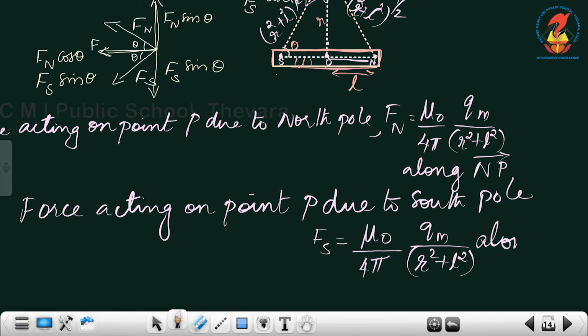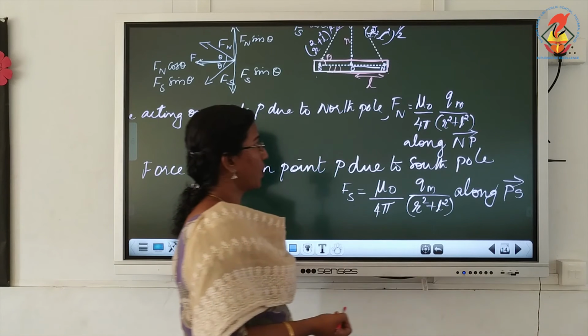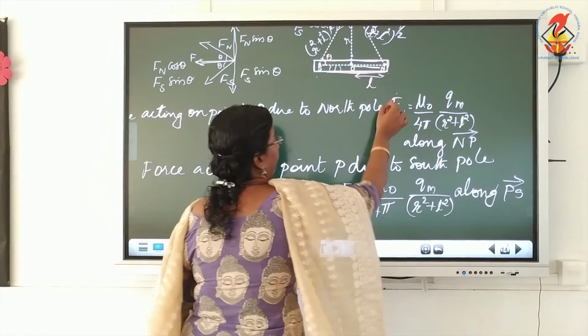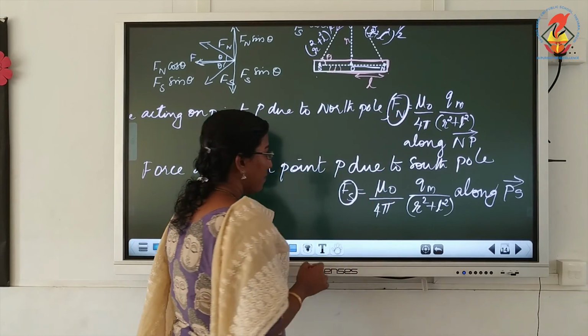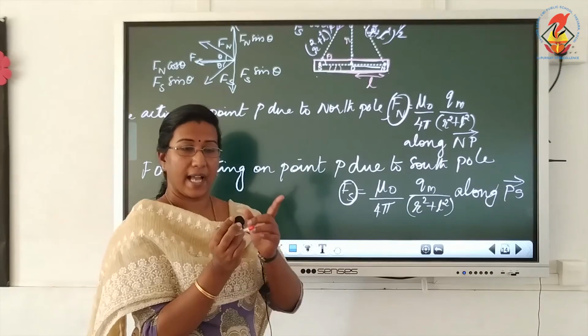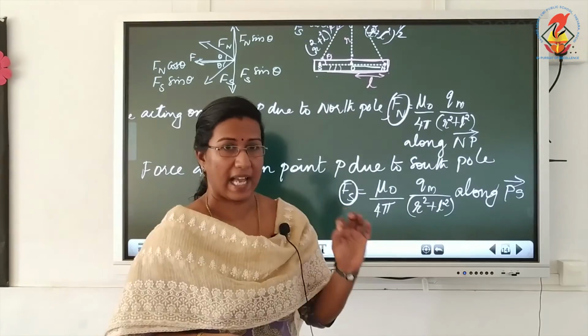What is the direction? Direction is from P to S, so along the direction PS. This is why I told you magnitude wise Fn and Fs are the same. That is why the vertical components, which are acting along opposite directions, get cancelled.